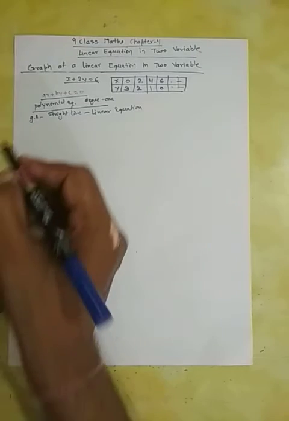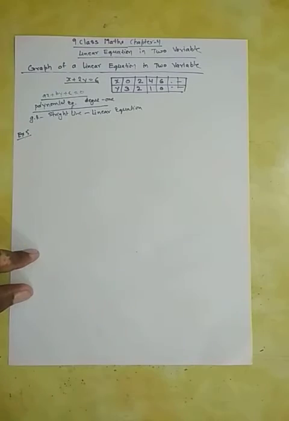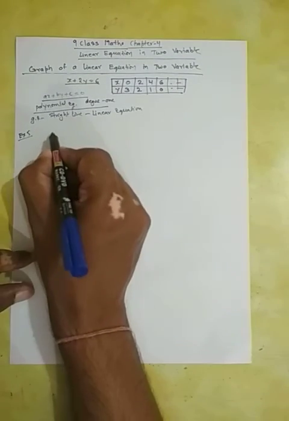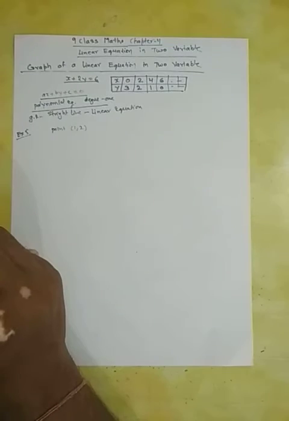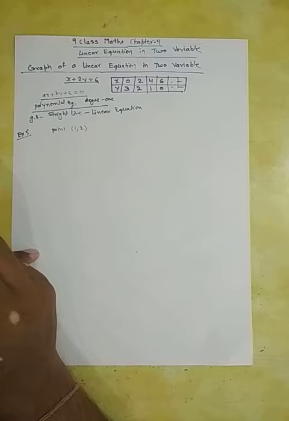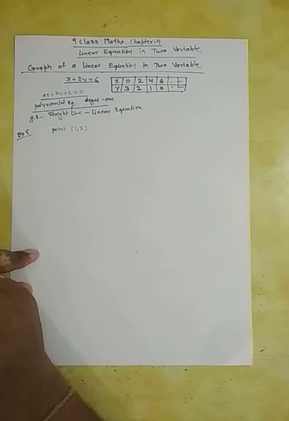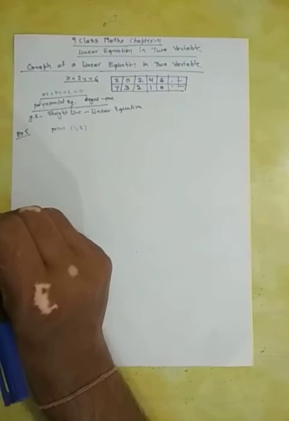Now we take example 5. Example 5 is telling: given the point 1 and 2, find the equation of the line on which it lies. How many such equations are there? Friends, the point is a solution of the linear equation. Means this point क्या है? Solution of the linear equation.